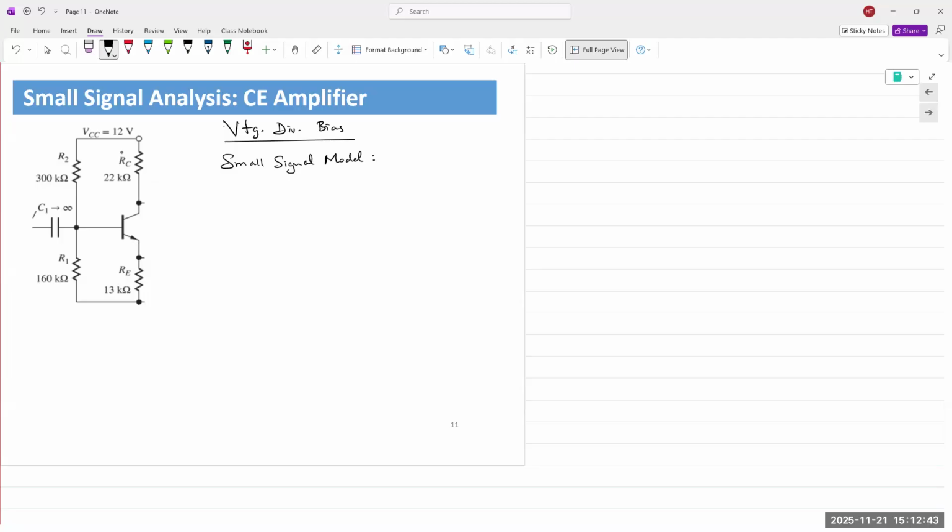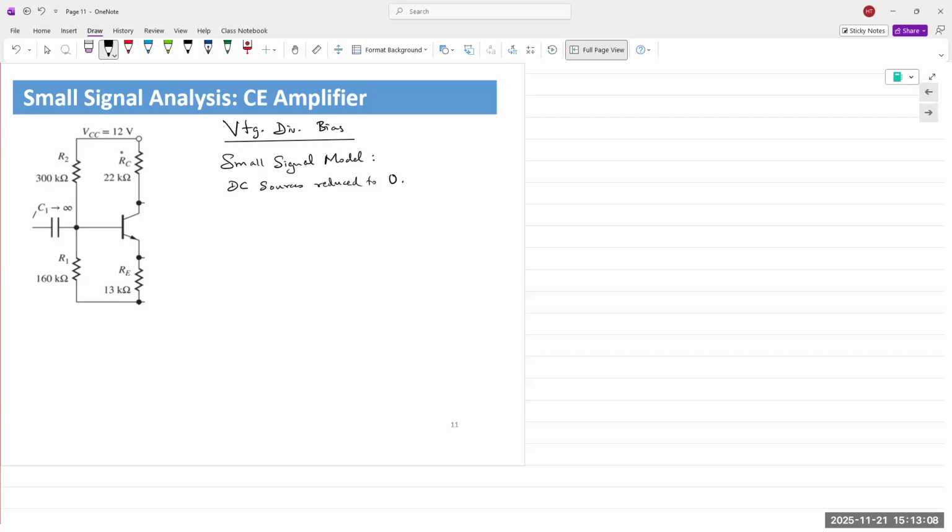In a small signal model, you're only looking at the AC portion of the analysis, at a very small amplitude. DC sources are reduced to 0. That means they're all disconnected.